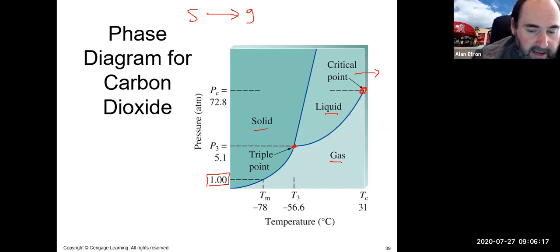And if you look at 1 atmosphere and say 25 degrees Celsius, which is a normal temperature, if we just draw the line straight, we're going from solid and now we're entering right into gas, and gas all the way through here. At 25 degrees Celsius, if you let dry ice be exposed to room temperature, it's going to end up being gas. We did not hit any liquid at all in that process.